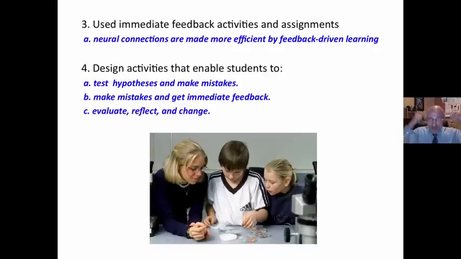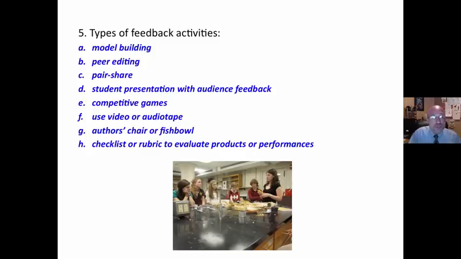Neural connections are made more efficient by providing feedback. Design activities that enable students to test hypotheses and make mistakes. Discovery learning is a great model here, where they mess about and then you give instruction. Enable them to make mistakes with feedback and evaluate, reflect, and change their learning.